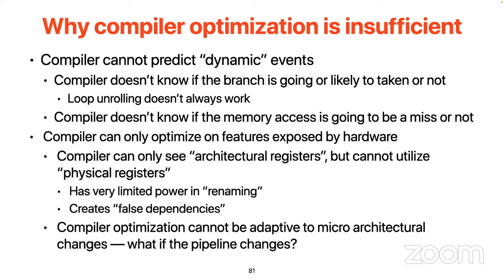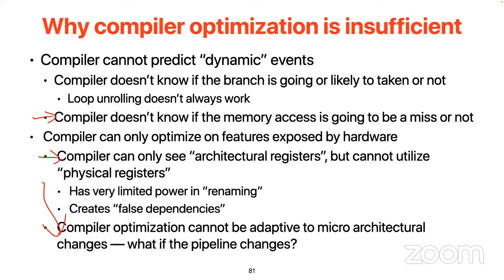The compiler doesn't know if the memory access is going to behave well or not. And the other thing is that the compiler can only see architectural registers, but cannot utilize those physical registers that a modern processor provides.